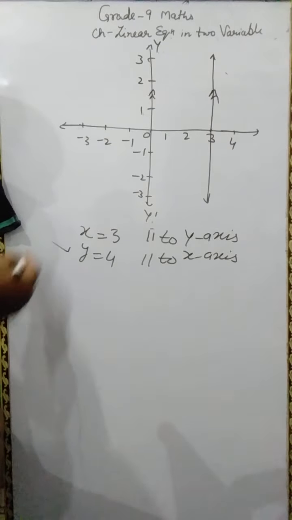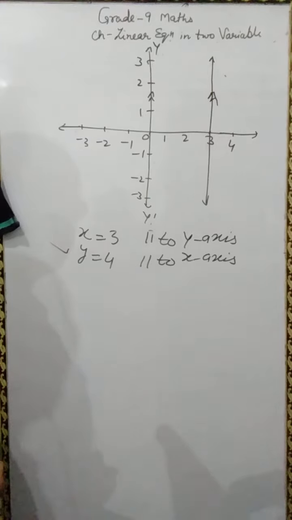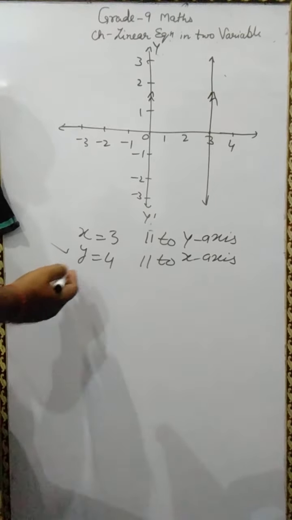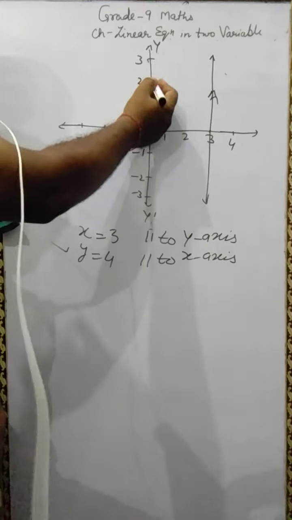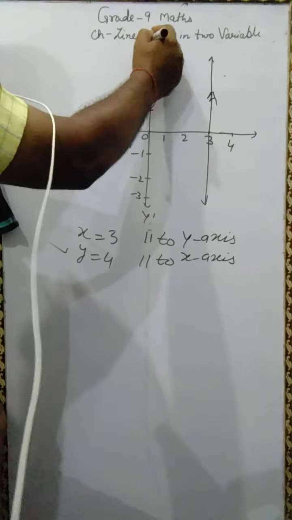These two lines are parallel to each other. If you take y equals 4, then this will be parallel to the x axis. Let us draw this. Y equals 4 means 1, 2, 3, 4 is not there, so we are going to mention this 4.